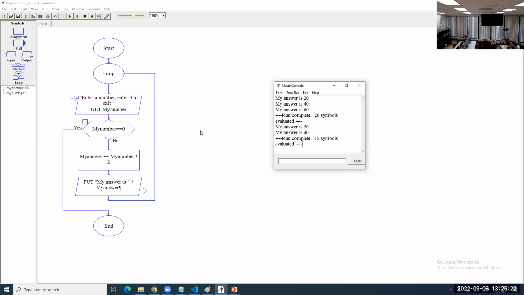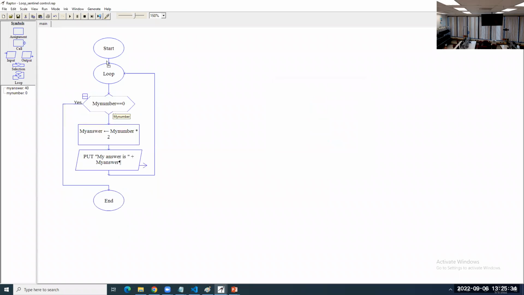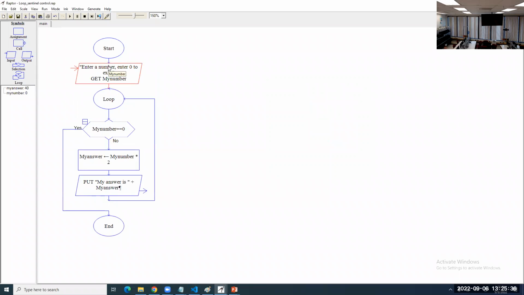So basically, in Raptor you can work with this one, but it's not structured. So do not use it in Raptor, right? So remember that in order to do that, you have to bring the prime input here outside the loop, and at the end of the loop, you need to get the action to move to the next number here. Right? That is structure. Okay.